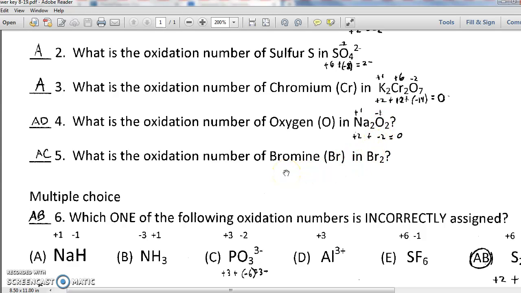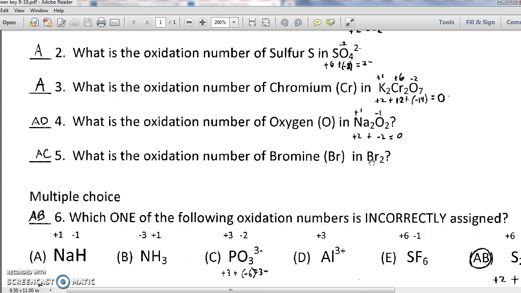Number 5, what is the oxidation number of bromine in Br2? Well, we only have 1 substance here. It's bromine. This is elemental bromine. Elements cannot hog electrons. Remember, oxidation numbers are trying to tell you who has control of the electrons.